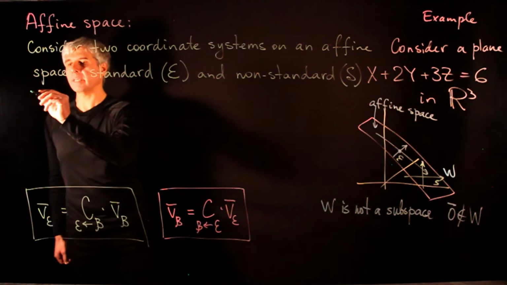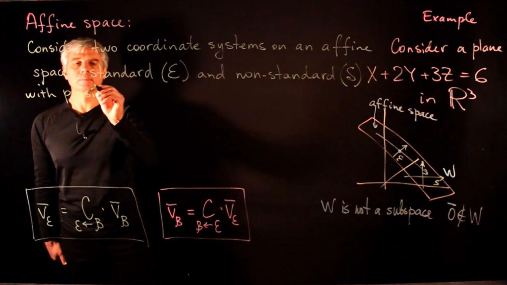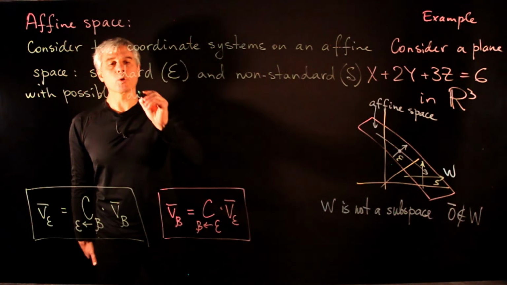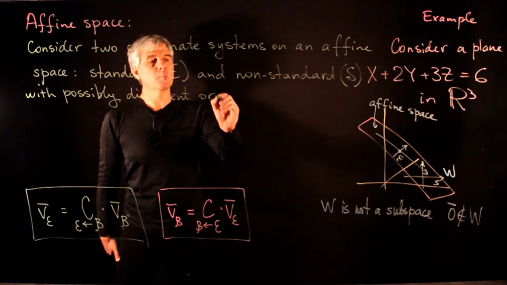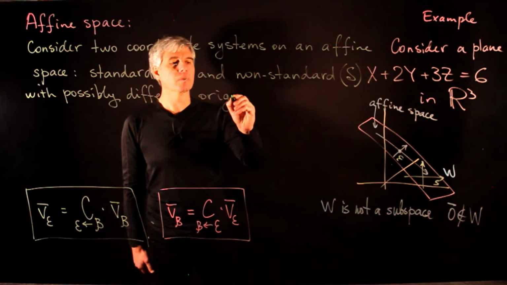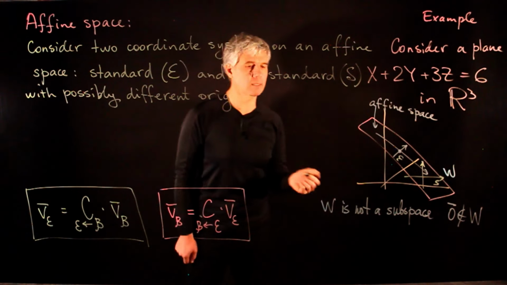So with possibly different origins, because this is the point of affine space, that we can change the origin of a coordinate system.